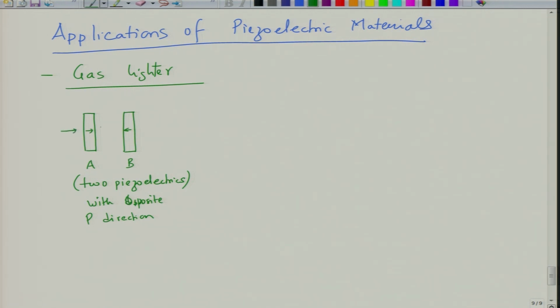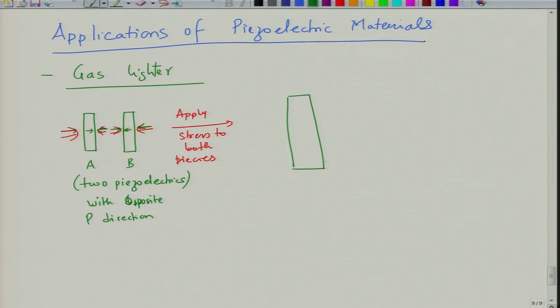So, let us say stress is in this fashion. You apply stress to both pieces. So, when you apply stress to both pieces, you will develop the polarization, right.